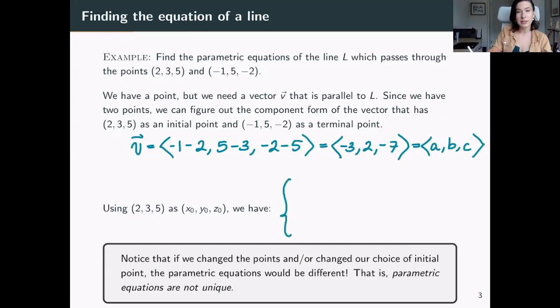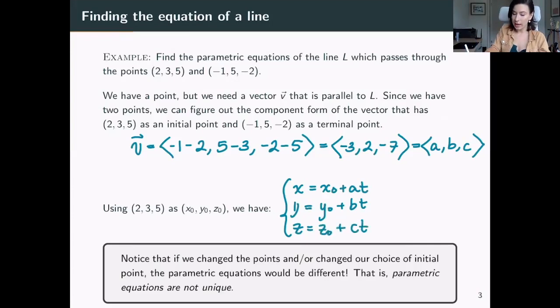We know that the parametric equations are given by x equal to x naught plus at, y is going to be equal to y naught plus bt, and z is going to be equal to z naught plus ct. We have everything pre-set up. We have a choice of what point we want to start with.